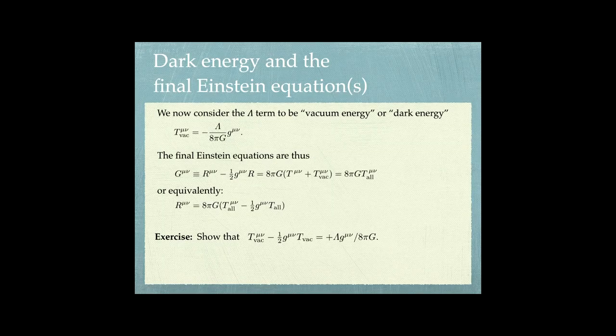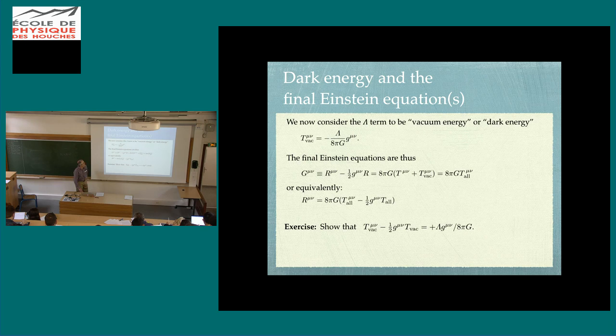And nowadays, people can take that lambda term to be the vacuum energy or dark energy term. And so rather than putting it on the left side of the Einstein equation, we nowadays put it on the right side of the Einstein equation and consider it to be a vacuum energy stress energy tensor, which is equal to that.